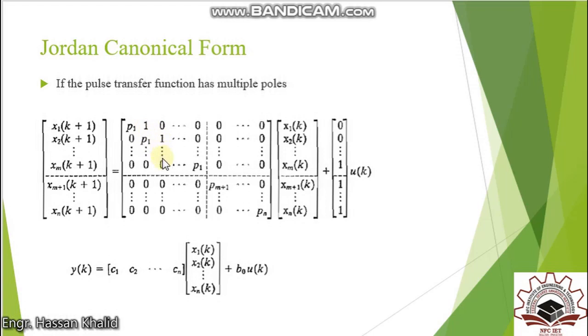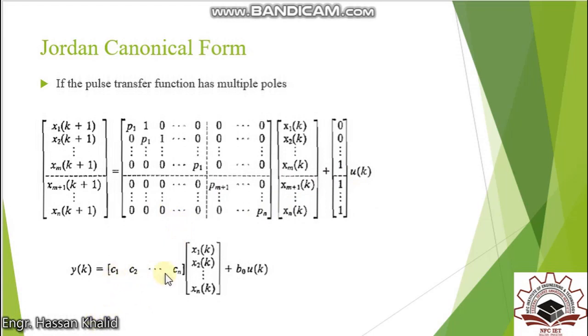Similarly, for a P1 at the third place, it will once again have the 1 in the prior entry and 0 in the remaining entries, and this will go on repeating in the same way. So this is the Jordan canonical form, and I hope you will understand it easily when we solve an example regarding it.